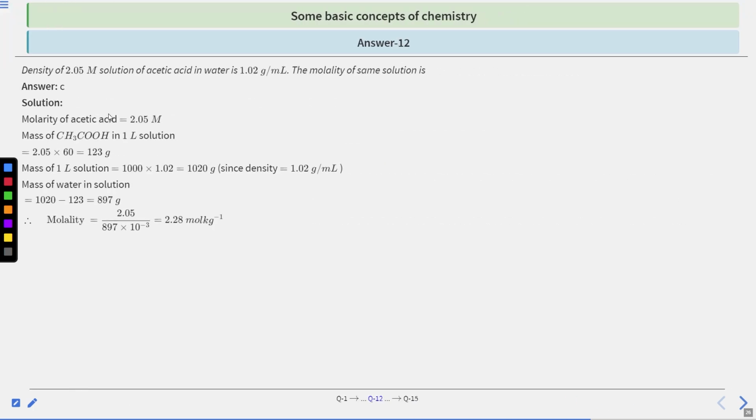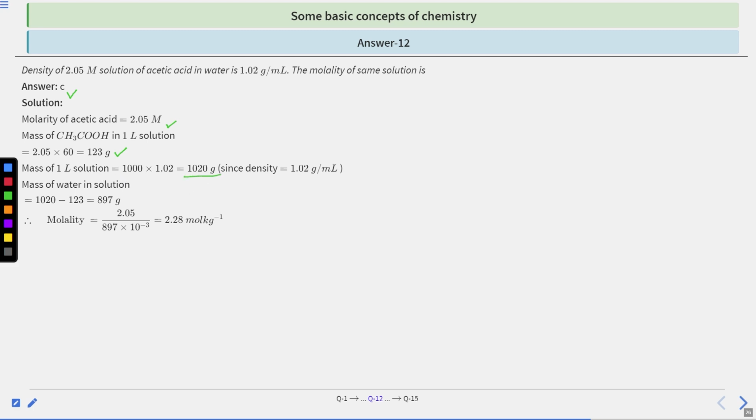Okay, so option C will be the answer. How? The molarity of acetic acid is given as 2.05 molar. So the mass of CH3COOH in 1 liter of solution will be molarity multiplied by the molecular mass, that is 123 gram. So the mass of 1 liter of solution will be 1000 multiplied by 1.02, that is 1020 gram, because density was 1.02 gram per milliliter. So using the density formula, we have calculated the mass of 1 liter solution.